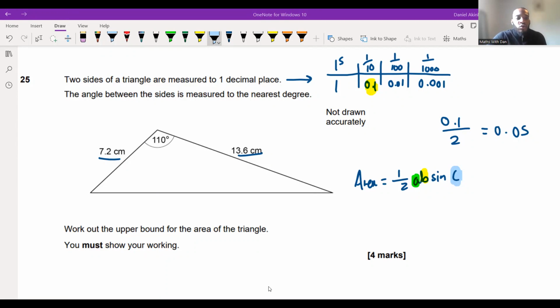If it doesn't tell you what to round your answer to, you should always give it to three significant figures. So I'll give you a few more seconds and we're going to go through it together.